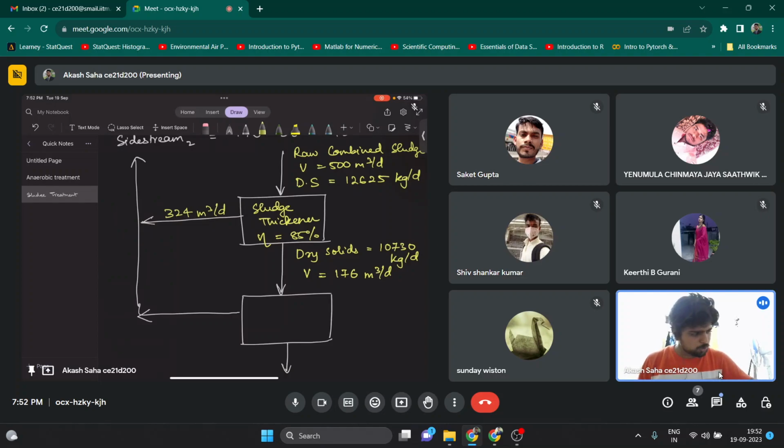And then again it will go to the dewatering facility. Here the solid capture is 90%. So my dry solid content will become 9660 kg per day. And the volume that is coming out is only 38 meter cube per day. So the rest, 138 meter cube per day, will be coming as side stream.